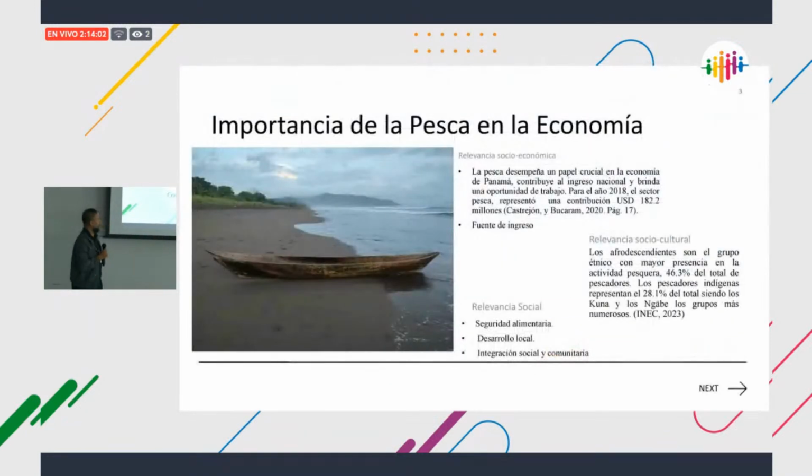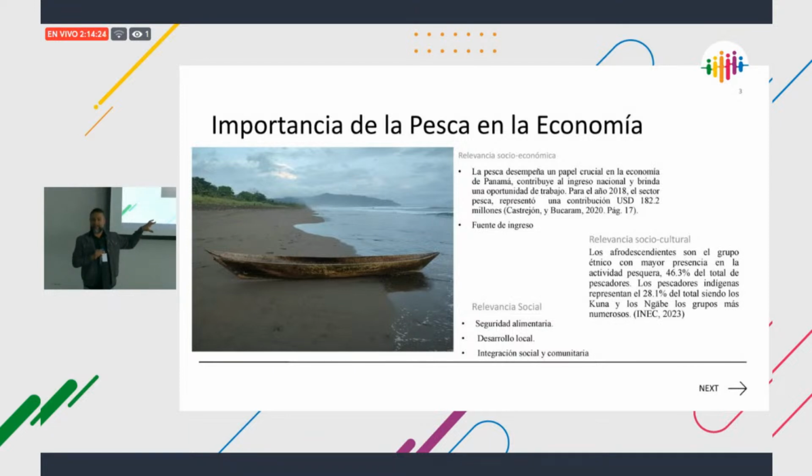So this is all to go about the topic of river fishermen. The importance of fishing: removing agriculture, in the case of fishing, it's 182 million, which is what it contributes to the GDP. So there's an interesting perspective at the sociological level.